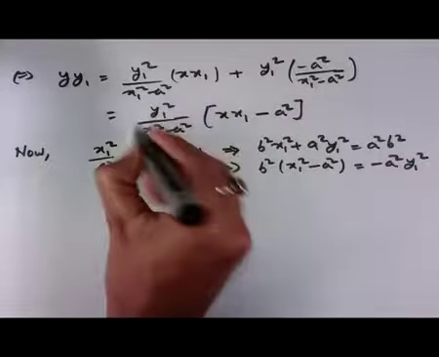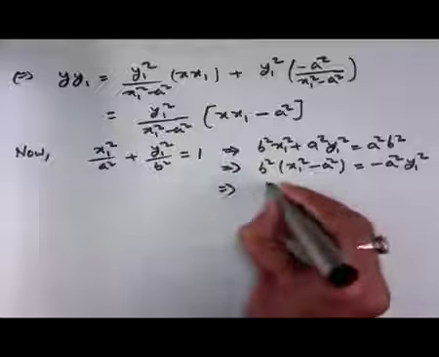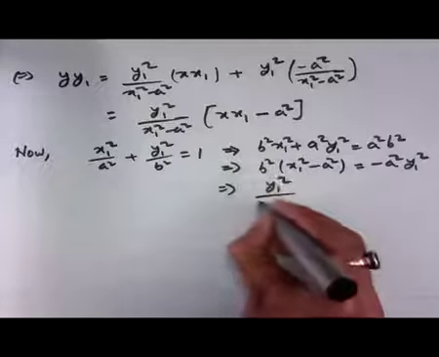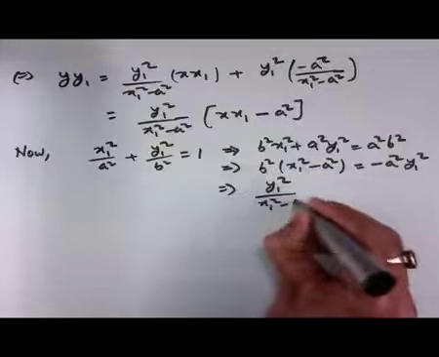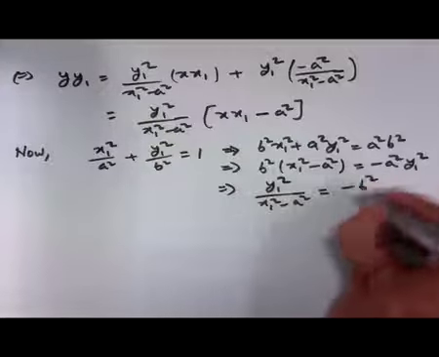So, y1 square by (x1 square minus a square) is equal to minus b square by a square.